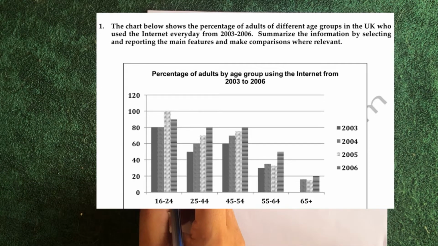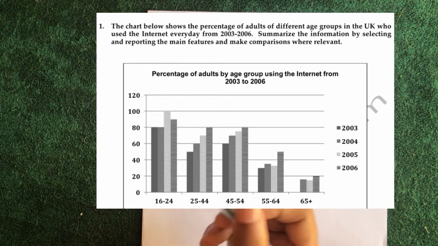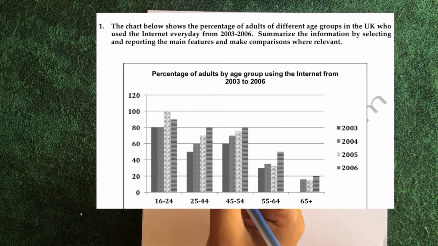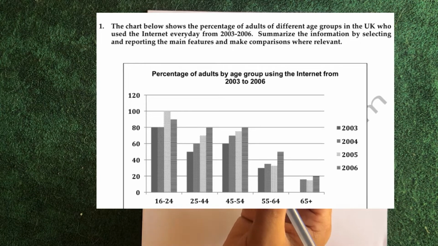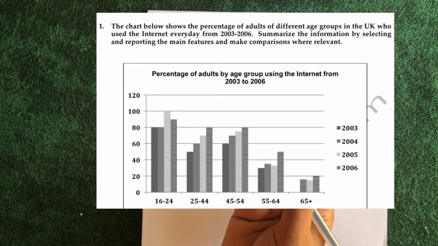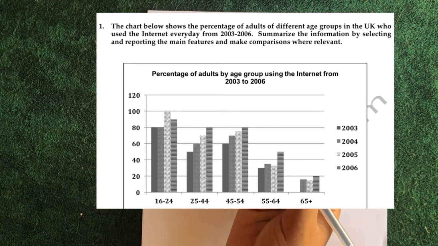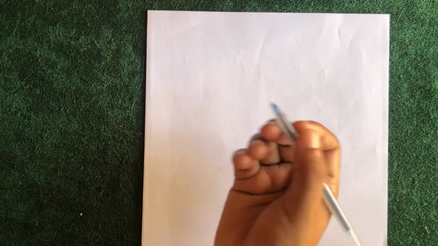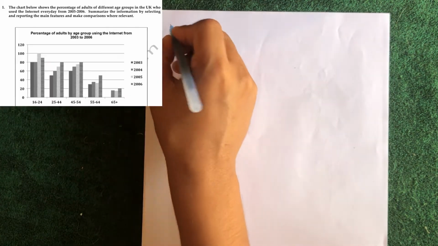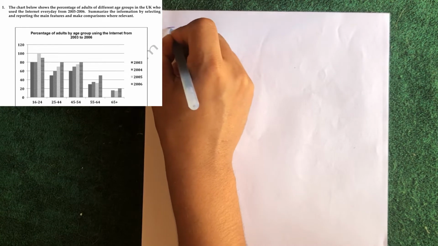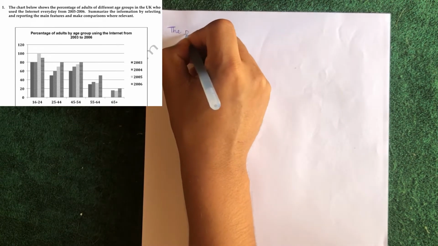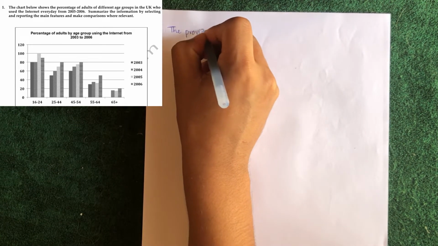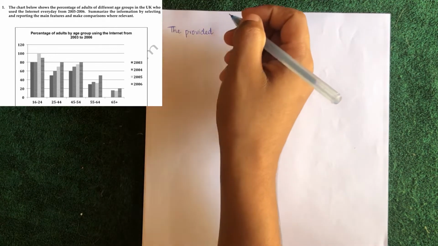Read the question once more: the percentage of adults of different age groups in the UK who use the internet every day from 2003 to 2006. I will write "the provided".